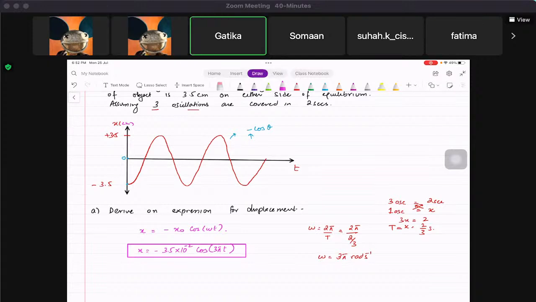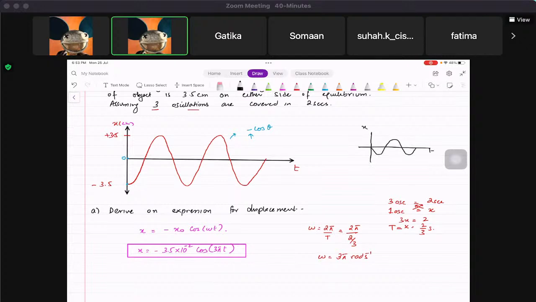Sir, the equation they use, it depends on the function, right? Of course, that's why there is no fixed equation. The only fixed equation in this whole chapter is a equals to minus omega square x. Is it clear? So if it would have been sine, so it would be x equal to x naught sine omega t. Yes, right. And let's suppose if they had given you something like this, and there's x and t.